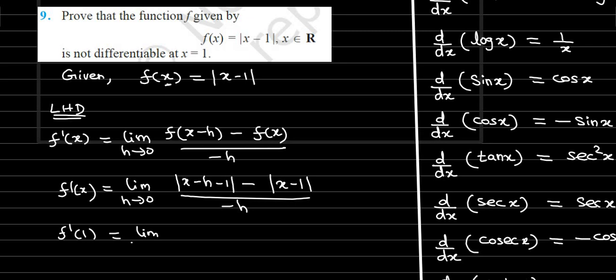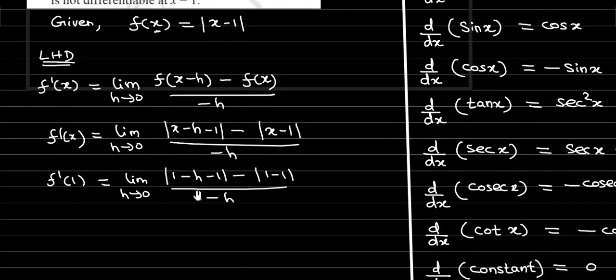Limit h approaching 0, wherever you see x, just replace it with 1. So modulus of 1 minus h, minus 1, minus modulus of 1 minus 1, divided by minus h. Now here plus 1 minus 1 will get cancelled, and here 1 minus 1 is 0. That means the complete second term becomes 0.